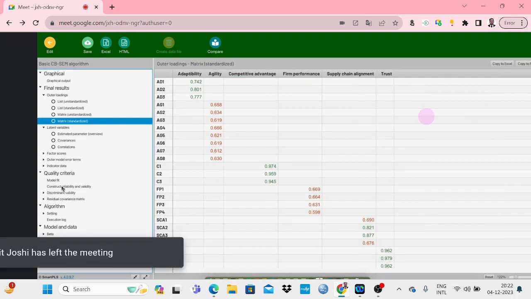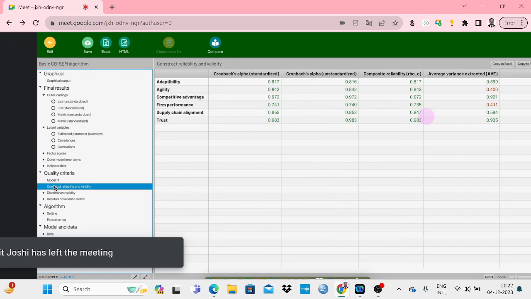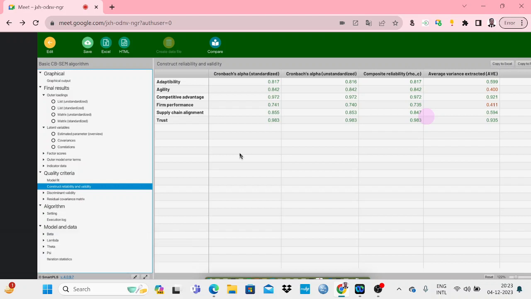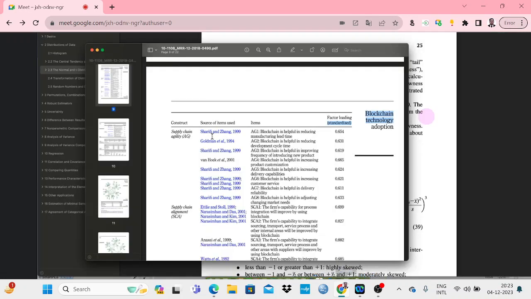If we go back to quality criteria, construct reliability and validity, first of all we see Cronbach alpha standardized. Now, what is this Cronbach alpha? It is a measure of internal consistency of a scale. For example, we are using 8 items to measure a latent variable or a factor, so these 8 items constitute a scale.